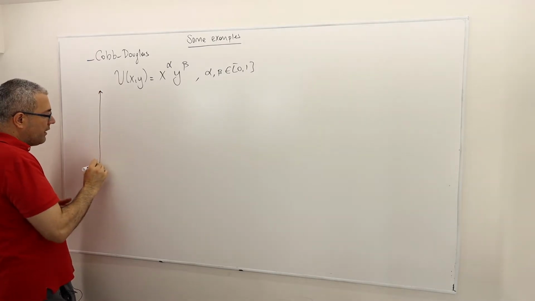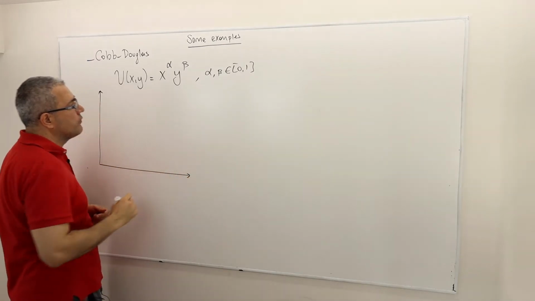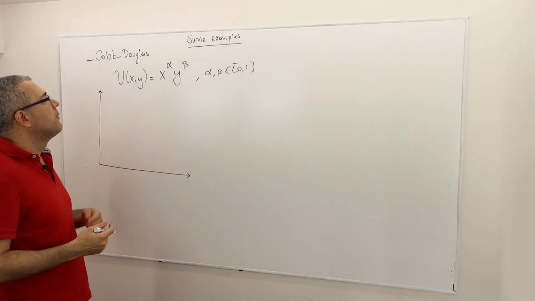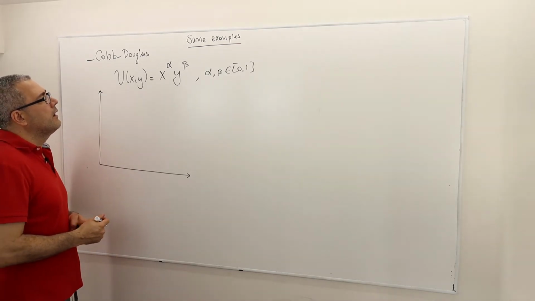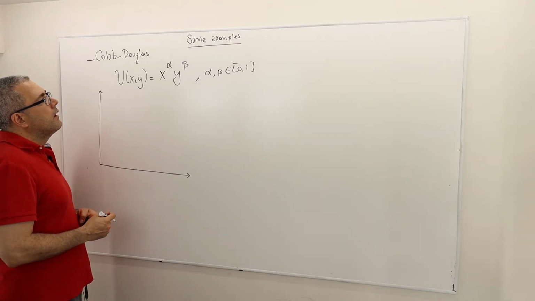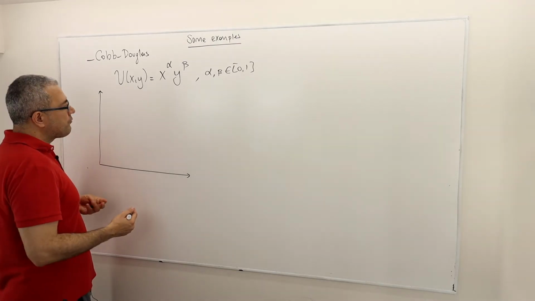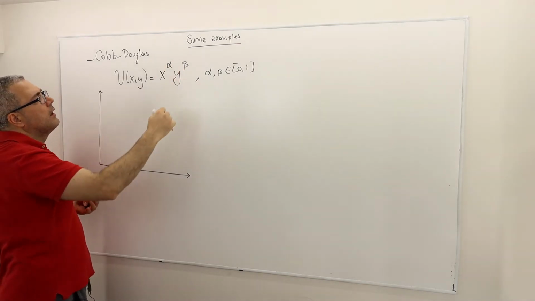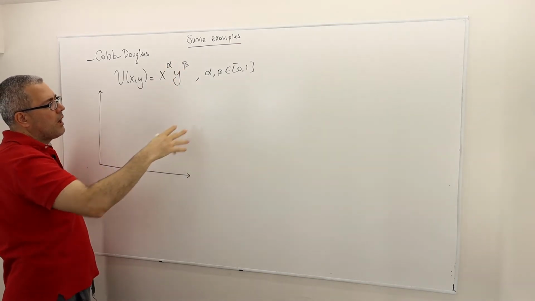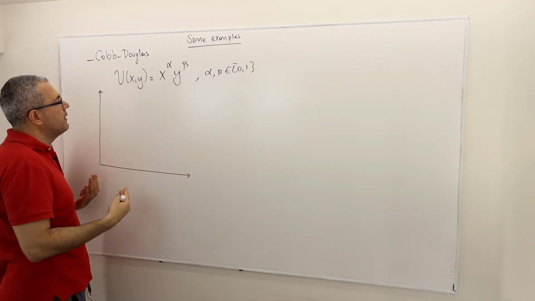So the Cobb-Douglas utility function, I strongly recommend you to draw those indifference curves by yourself by picking up some points, all right? And so, for example, if alpha and beta are just 1, this is just x times y, so the graph is going to be easier.